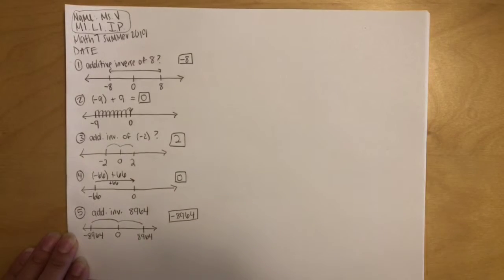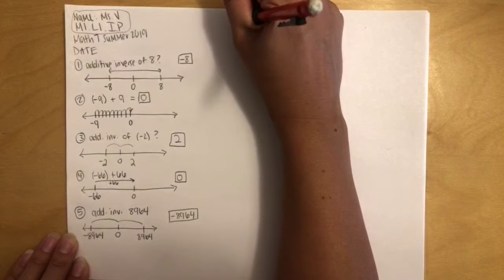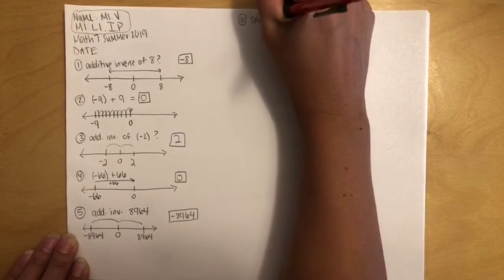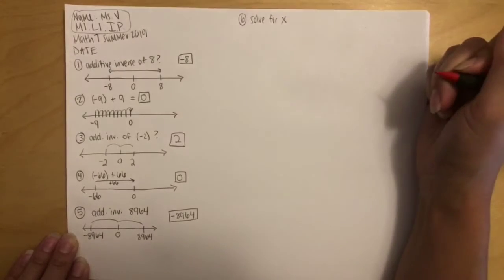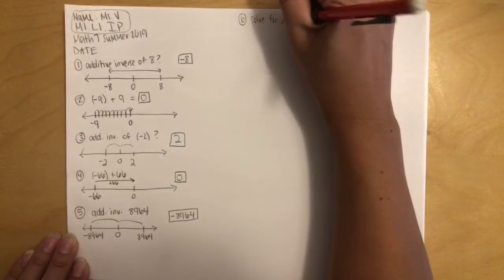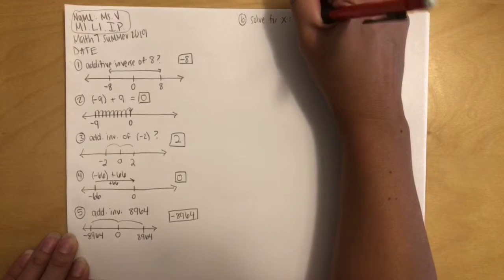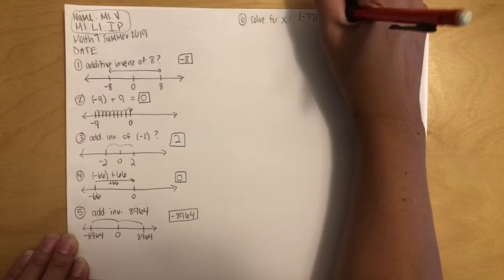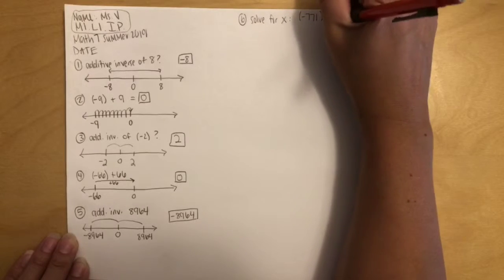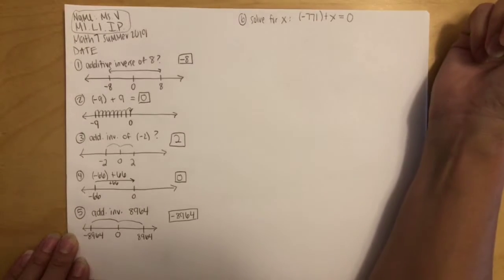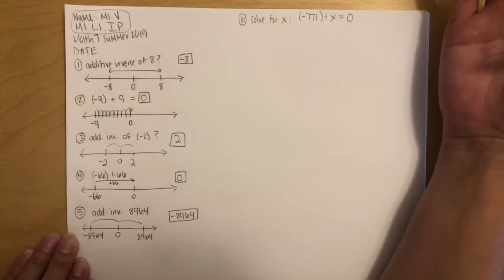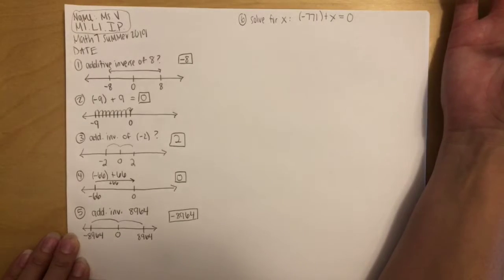Okay, number 6 says solve for x. And I'm writing the whole thing for a reason. Negative 771 plus x equals 0. I noticed some of you guys are solving this for x the way that you would learn in semester 2 of Math 7.